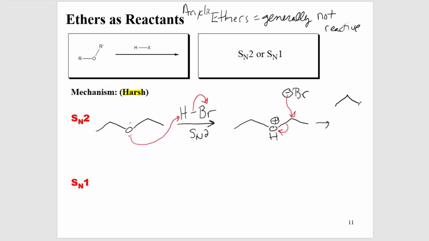And we end up with the alcohol and the ethyl bromide. Now, this can be done again because now I have an alcohol under HBr conditions, which can get protonated. And so I end up with a second equivalent of ethyl bromide. So basically, you're just tearing apart this ether and substituting a bromine on either side.